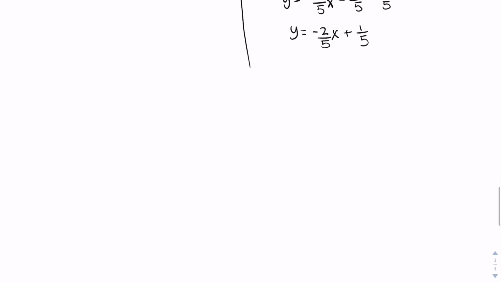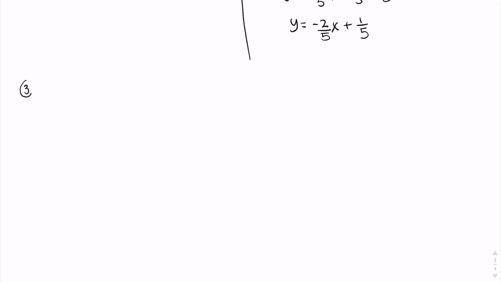So now let's move on to the standard and general form, which can be expressed as ax plus by equals c.